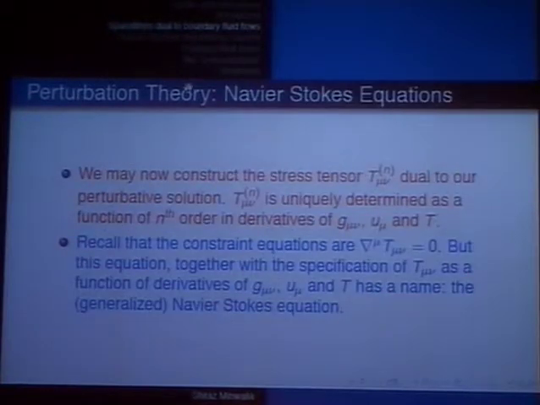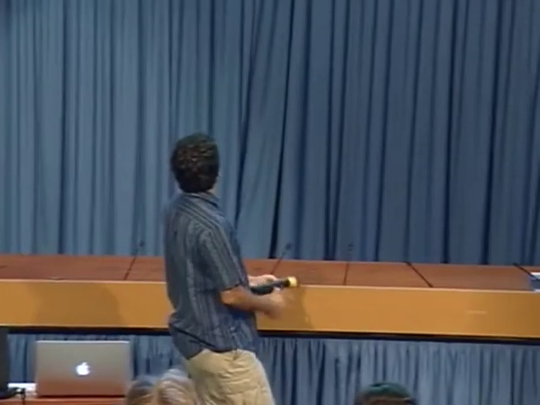Okay, so now once we've solved these dynamical equations at nth order, we can construct the stress tensor dual to a perturbative solution. The stress tensor is uniquely determined, since the whole process was unique, everything is determined once you've given u^mu of x and T of x. So the stress tensor is uniquely determined as a function of u^mu of x and T of x at nth order and derivatives.